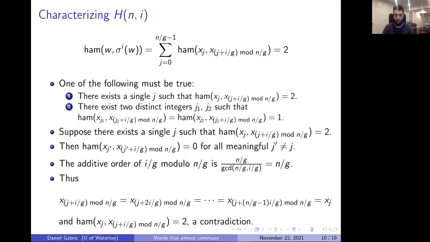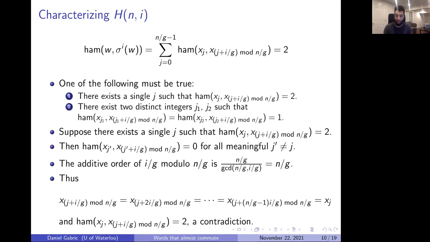So we have that since all of the Hamming distances other than this j and j + i/g mod n/g are 0, we have this chain of equality going from j + i/g mod n/g, j + 2i/g, etc., all the way to x_j.